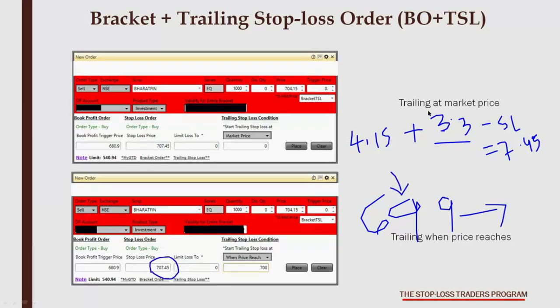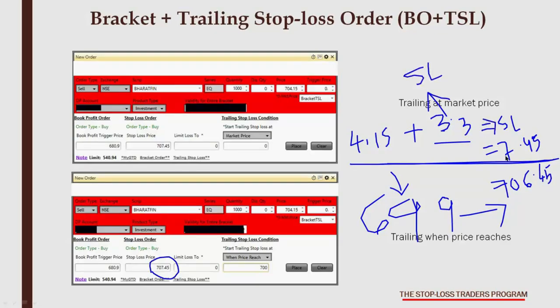So you are doing that, and price moves in your favor by, let's say, 5 rupees, and then it reverses by 10 rupees, thereby hitting the stop loss and closing your position. I have an elaborate example when I discuss trailing when price reaches a particular level.